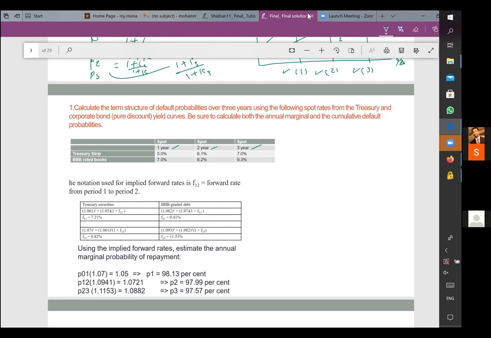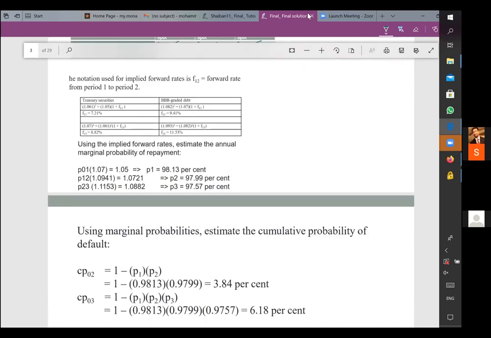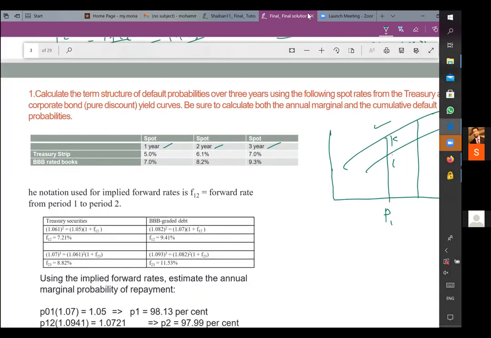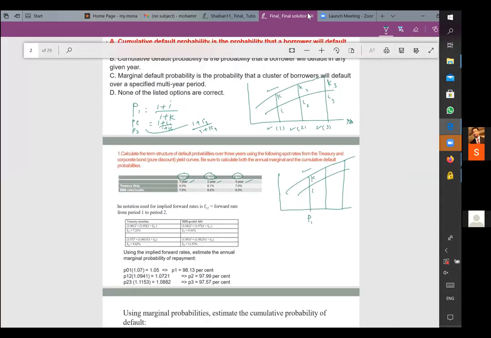So if we are talking about, as I said, if this is the graph, we want to calculate this. We already know, because when we have prices, we have what we call spot. And spot means I can give you now a rate today. If you are a short-term investor, I can give you a rate for 1 year.